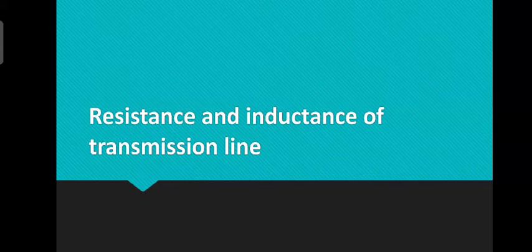So the basic purpose of studying the transmission line network is to transfer electrical energy from the generating unit to various locations or to the distribution system, which ultimately supplies the load.